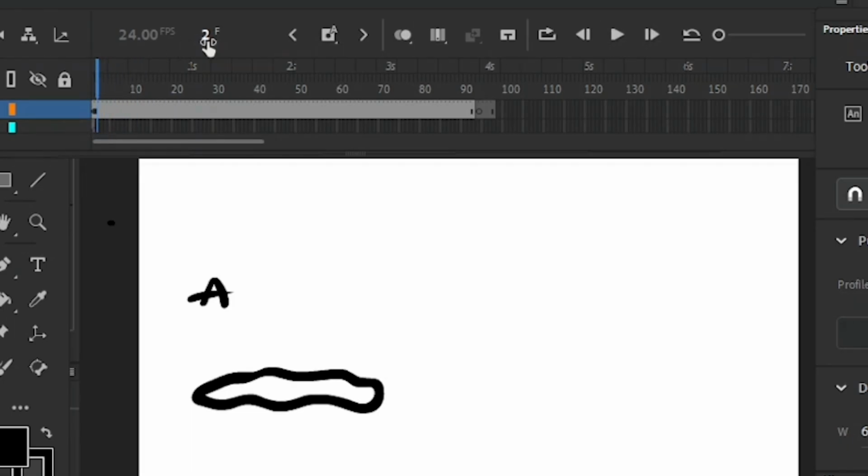You see, the indicators for the keyframes are moving. Frame 2 is the first frame. And then I take another keyframe. So I draw using my onion skin. This is my onion skin.